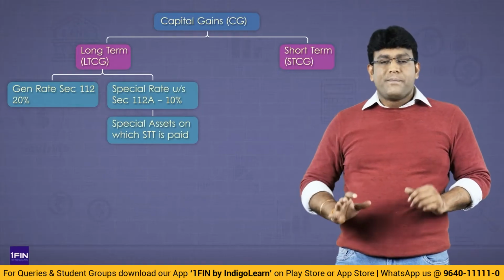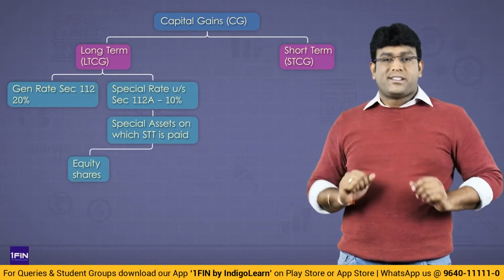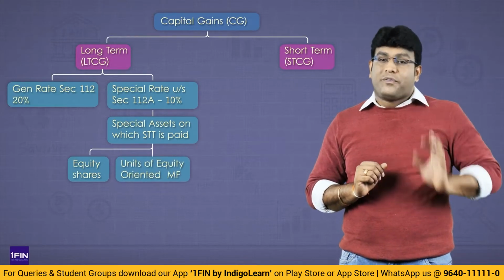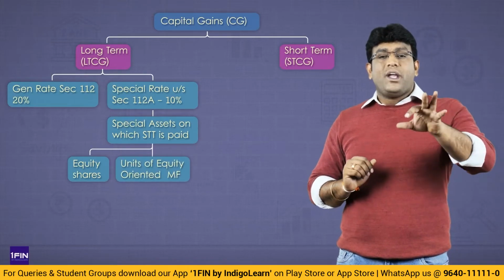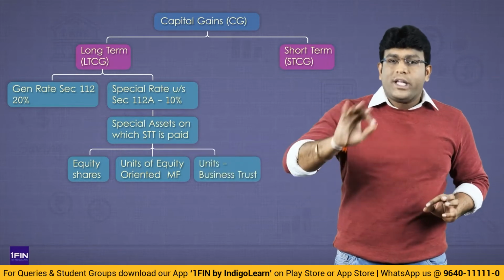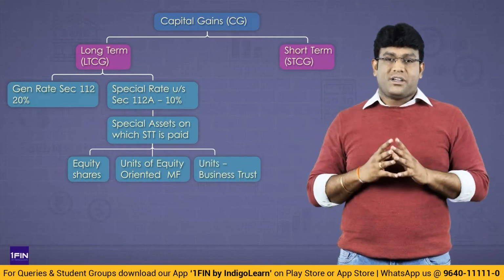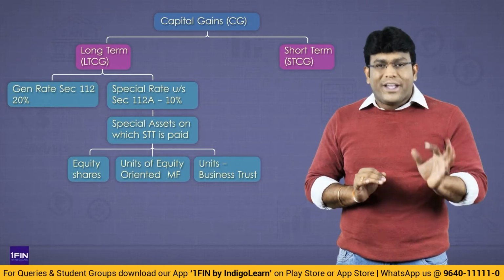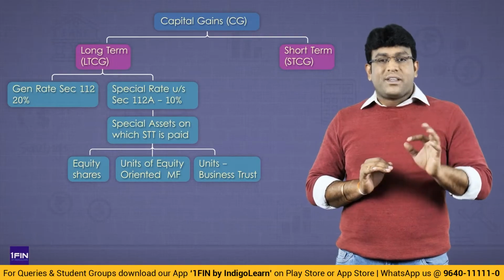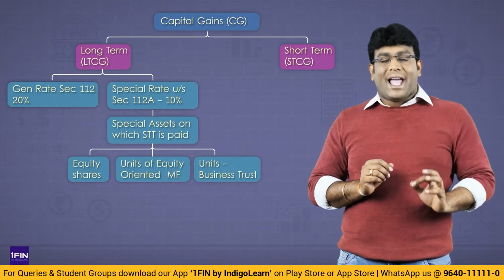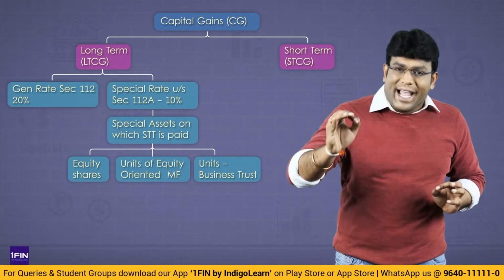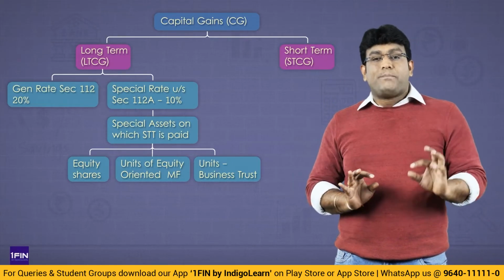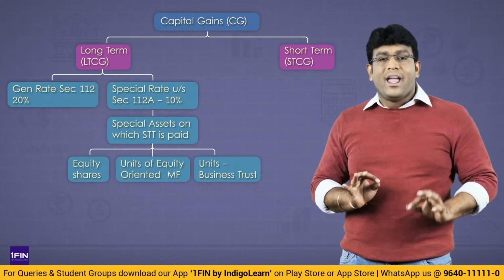Long-term capital gains on sale of equity shares or units of equity-oriented mutual fund or units of business trust through a recognized stock exchange on which STT, that is nothing but securities transaction tax, is paid, shall be taxable at the rate of 10%, that too 10% on the amount exceeding 1 lakh.